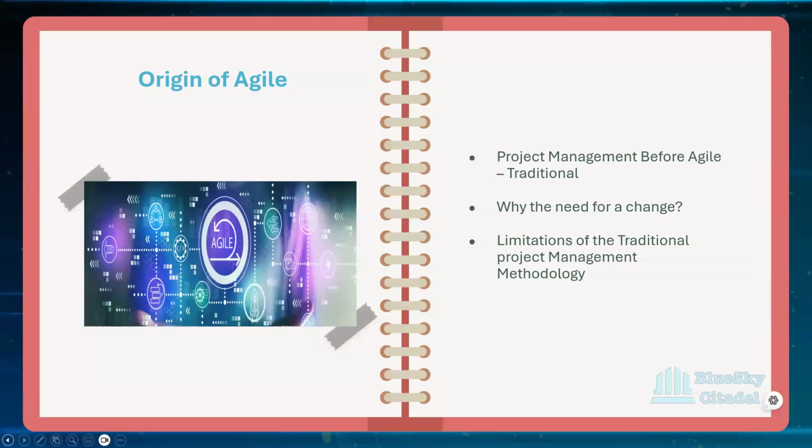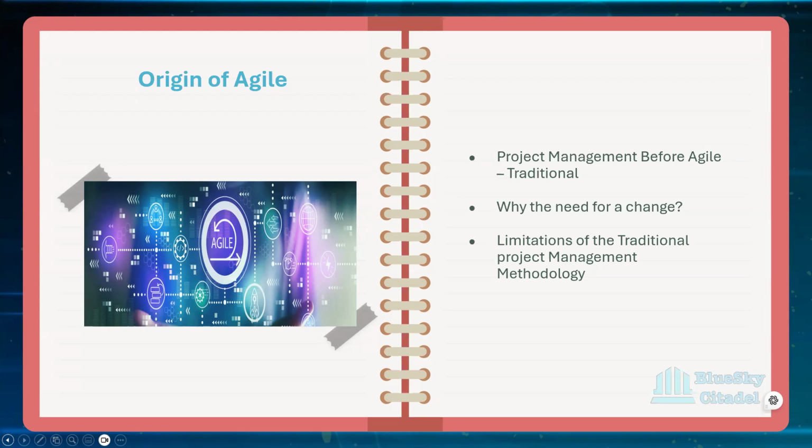Okay, so the origin of agile. Before agile, most software development followed a rigid linear process. A process where a particular stage has to completely finish before another stage starts.